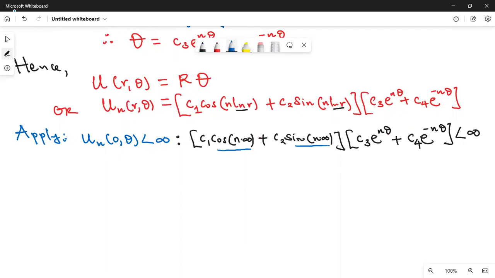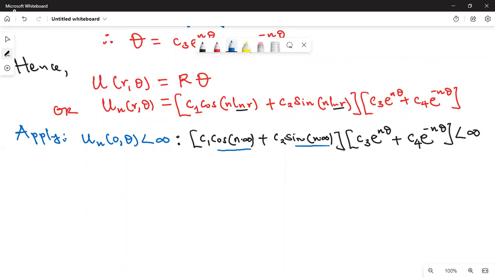Now, what about 1 billion? Cos of maybe 1 billion. What do you get? The value exists when theta is very big. And what about sine of 1 billion? The results exist.